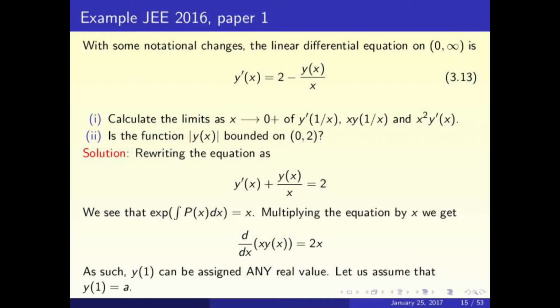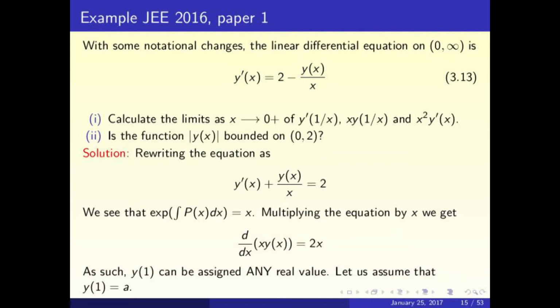Always rewrite the differential equation as dy by dx plus py equals q. That's the first thing to be done. You can see that p of x is 1 upon x, integral of p of x dx is log x, and e to the power log x is x. So you are supposed to multiply the differential equation by x.